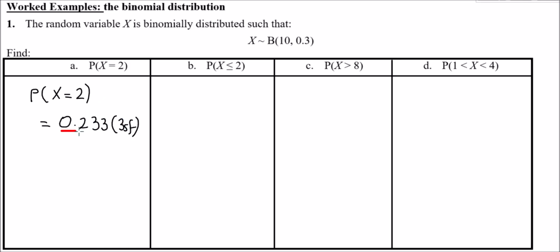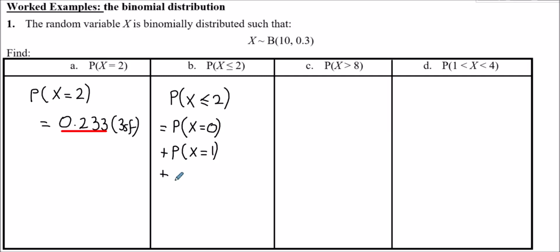Let's have a look at part B now. For part B, we want the chance that x is anywhere up to and including 2. So what could it be? Well, we could have no successes at all, or we could have exactly 1 success, or finally exactly 2 successes.